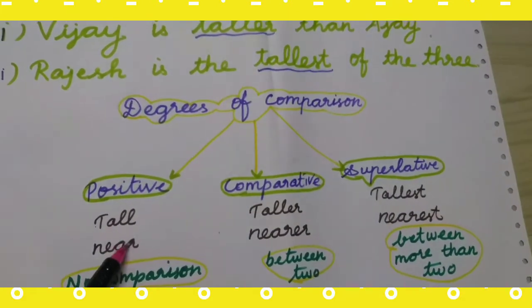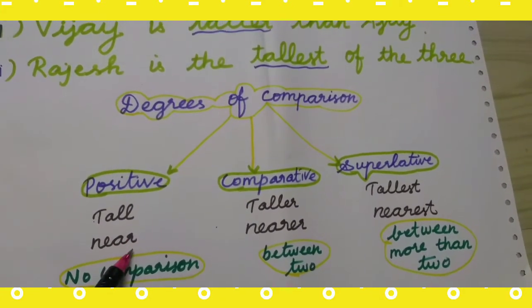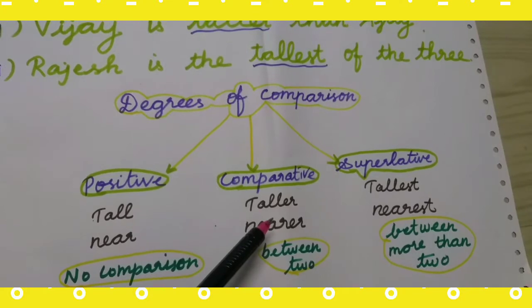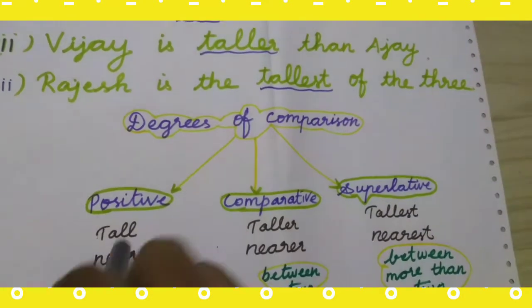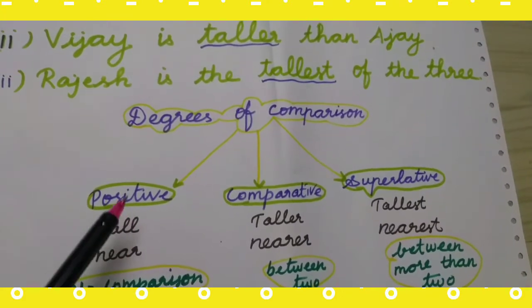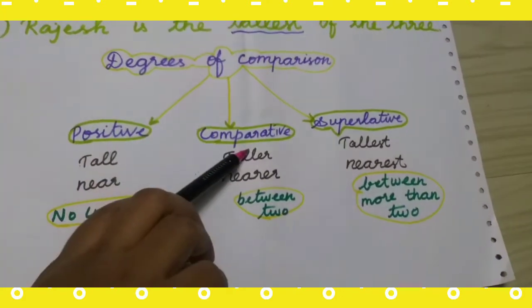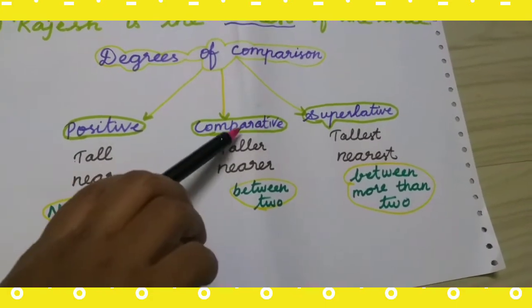The positive degree of an adjective is used when no comparison is made, when we talk about only one person. The comparative degree talks about two persons, two things or two groups.